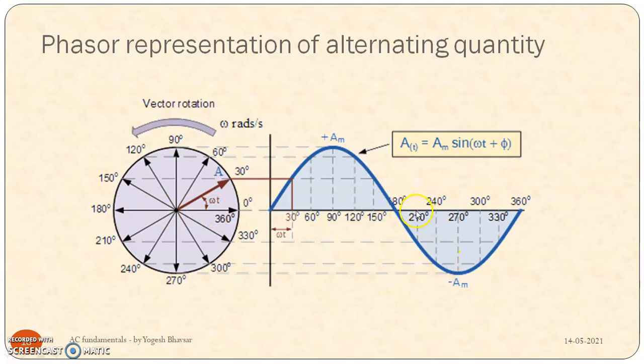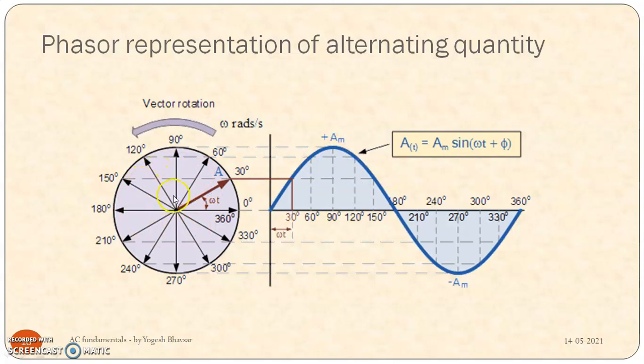Similarly, for the negative half cycle, 210 degree, then 240 degree, 270, 300, 330 degree, and 360. So this is for the negative half cycle. So this is how at a particular instant on this waveform we can draw that particular phasor.